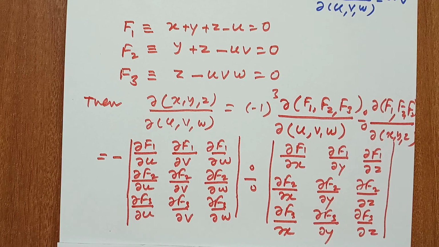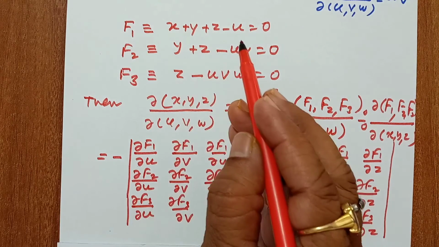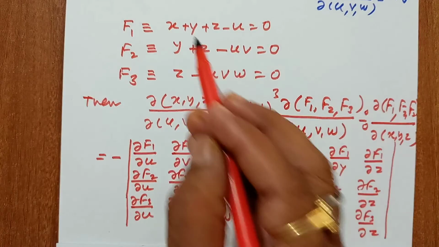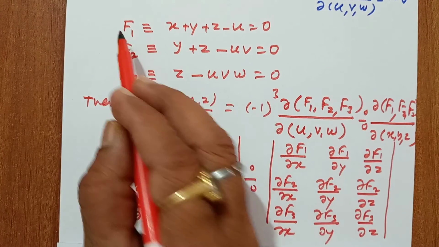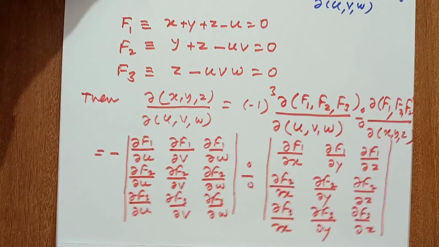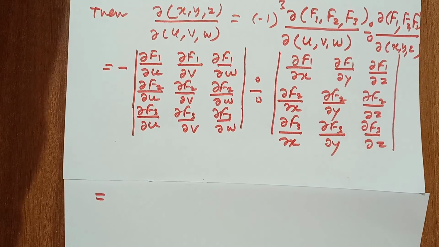First we calculate ∂f1/∂u, which is minus 1. ∂f1/∂v is 0. ∂f1/∂w is 0. We will calculate all the things, which is very simple.